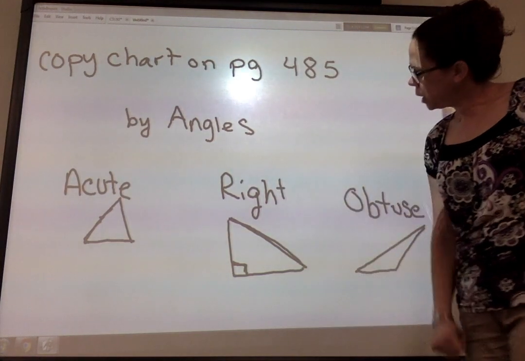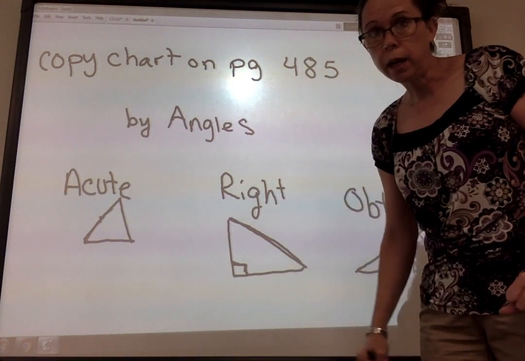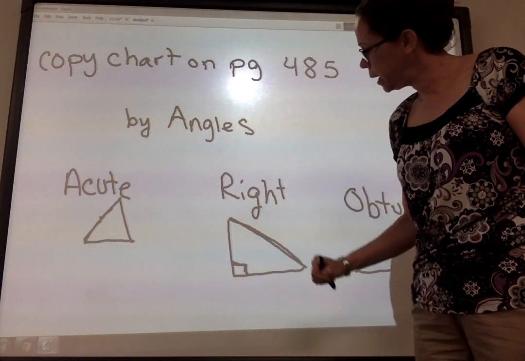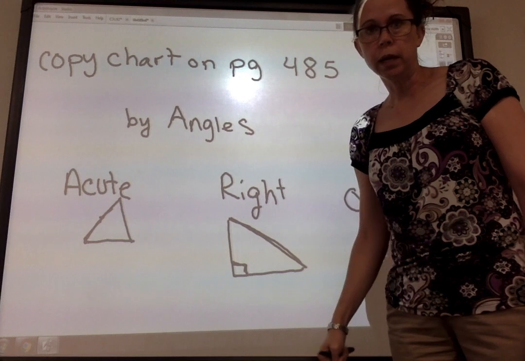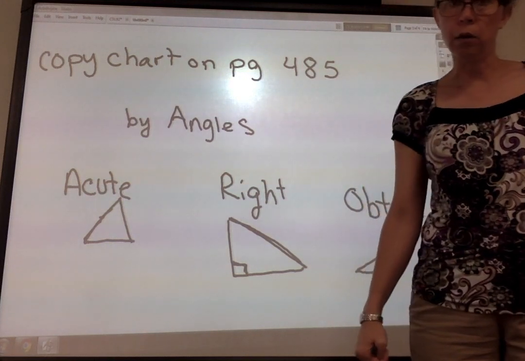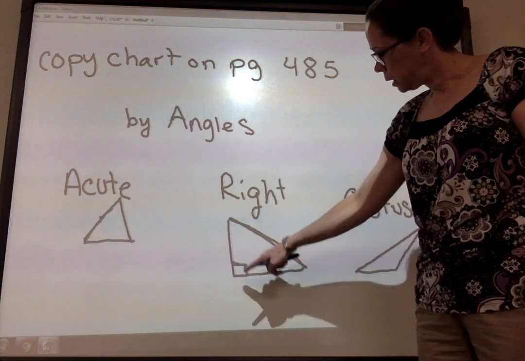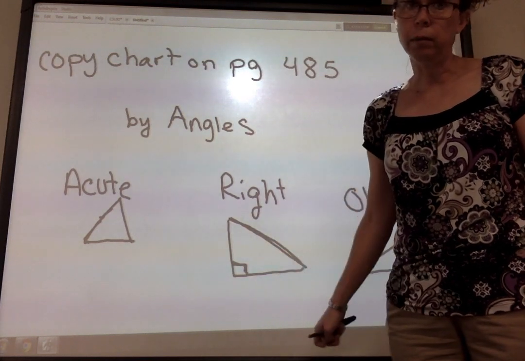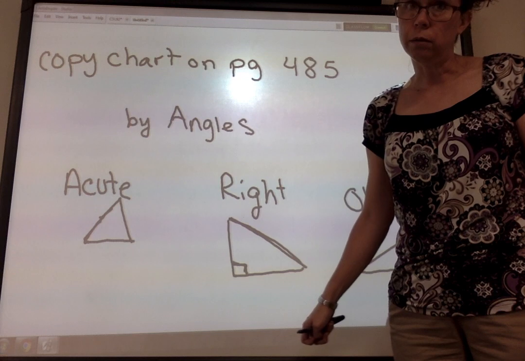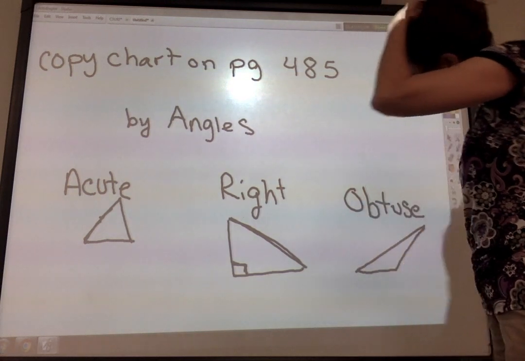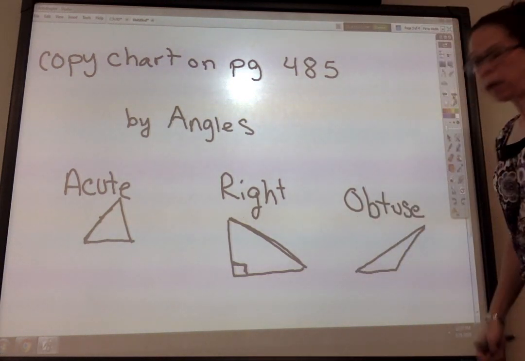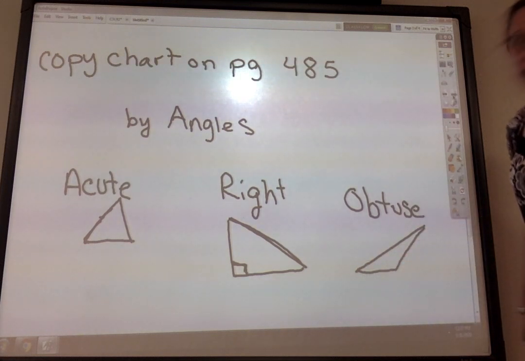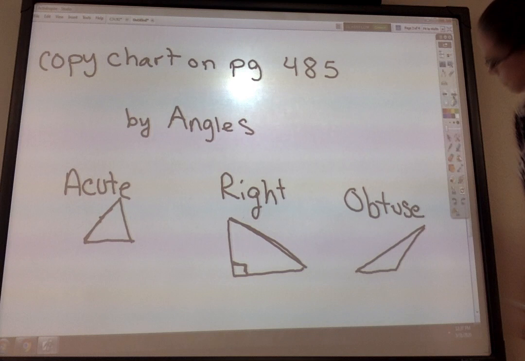In a right triangle, we must have a, you guessed it, a right angle, okay? A right triangle has one of the angles that is a right angle. Now think about it. If this angle is a right angle, the other two angles are going to be acute, okay?